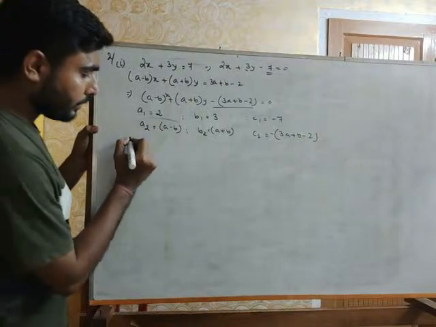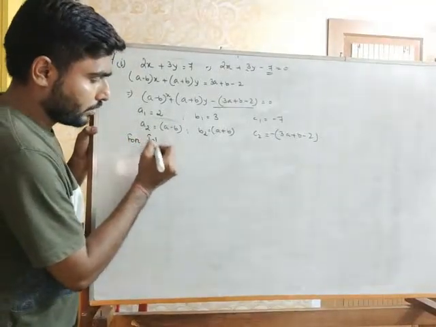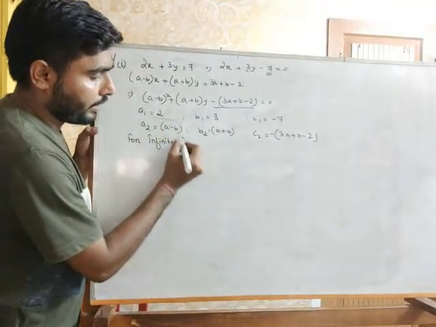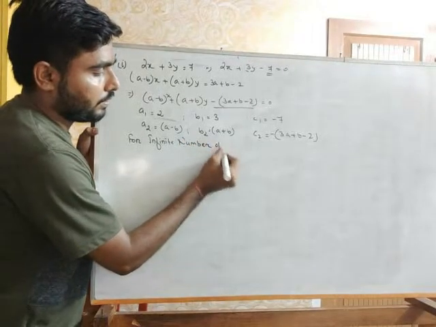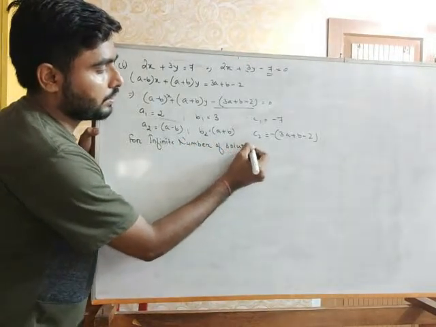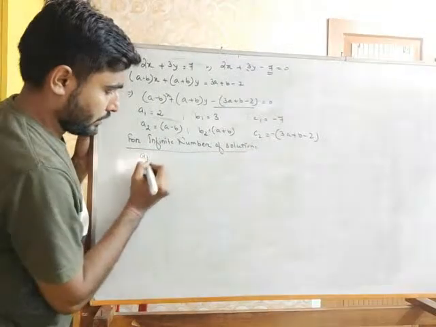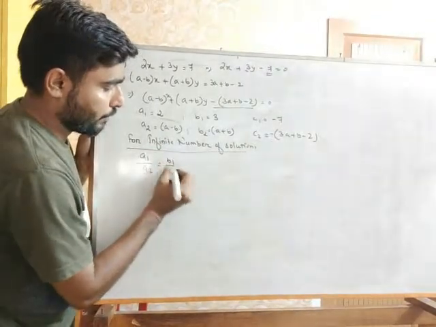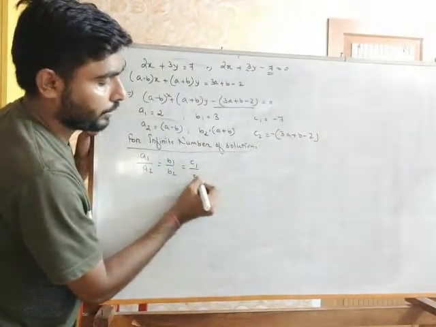Then for an infinite number of solutions, a1 by a2 will be equal to b1 by b2 will be equal to c1 by c2. This is the condition.